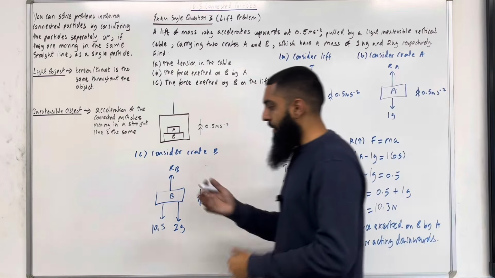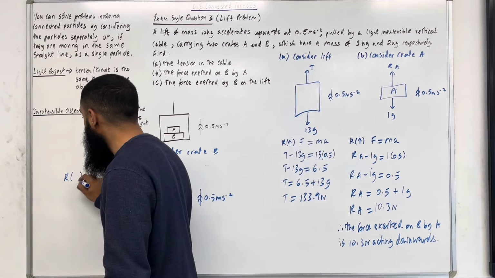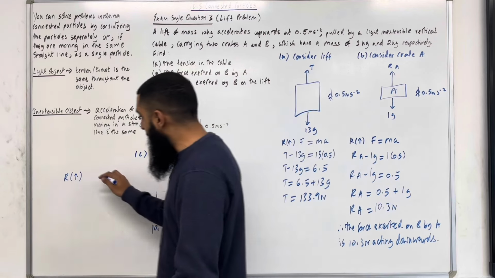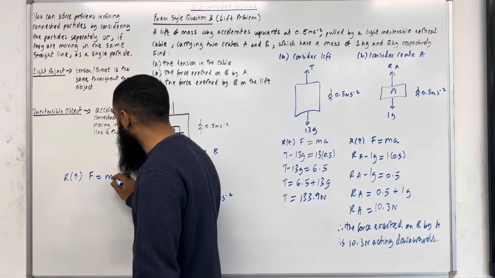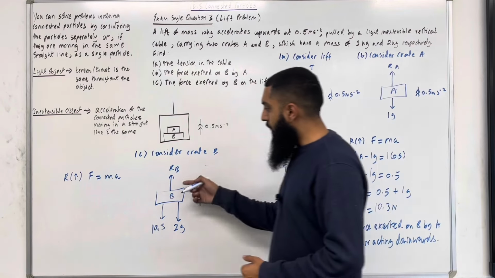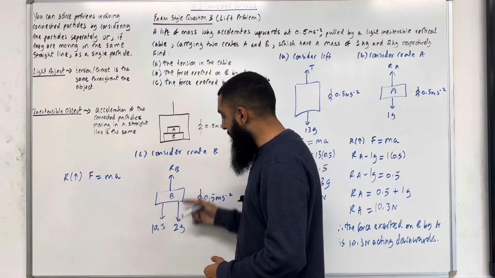Okay, so I'm going to resolve vertically, taking upwards to be the positive direction, which is the direction of the acceleration. And I'm going to use Newton's second law to generate the equation of motion. The resultant force F will be RB minus 10.3 minus 2g.